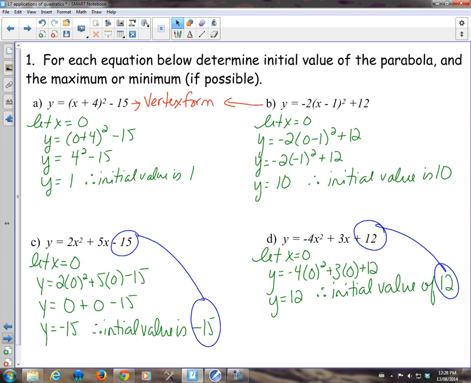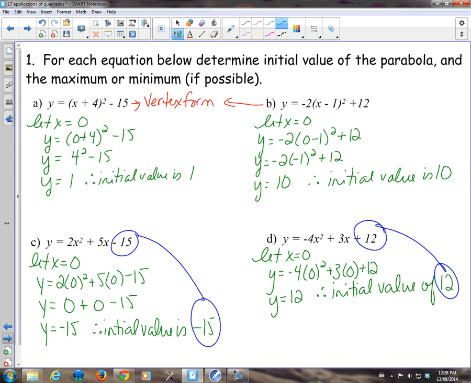Second part is the maximum or the minimum if possible. The if possible is there because if the equation is not in vertex form, then you can't find the maximum or minimum right now. So because the last two are not in vertex form, you can't find the maximum or minimum without making a graph.